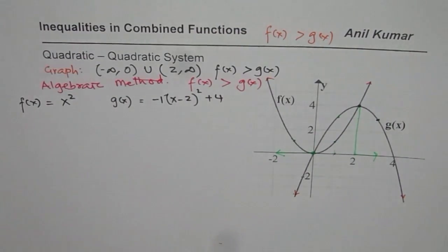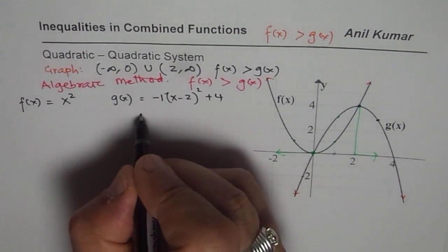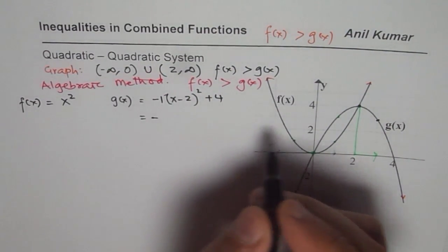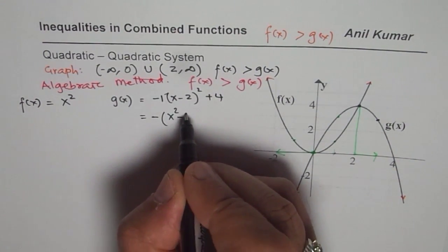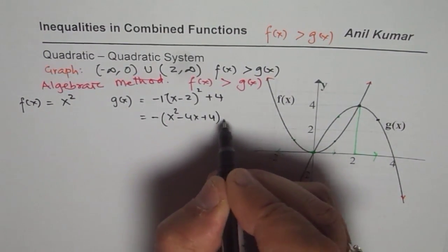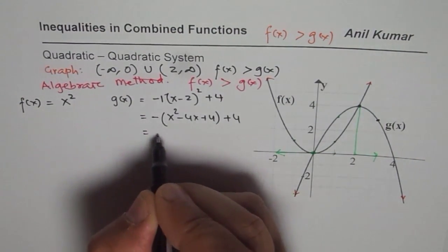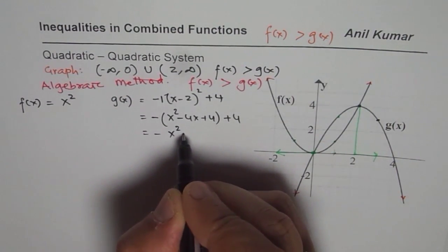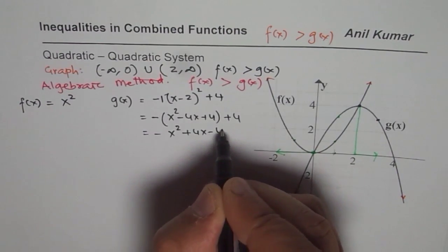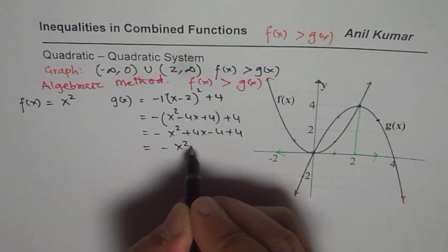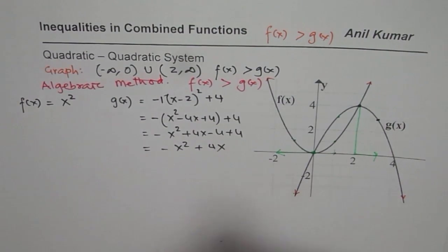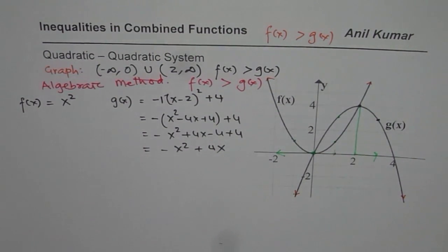So it is negative 1 times x minus 2 squared plus 4, which I can simplify by expanding: minus x squared plus 4x minus 4 plus 4, or I could write this as minus x squared plus 4x. So that becomes my equation for g of x.